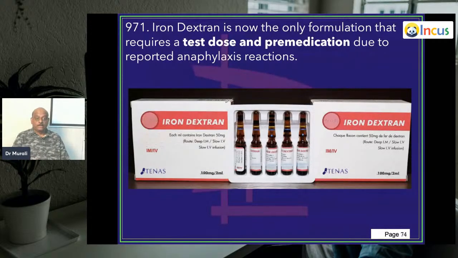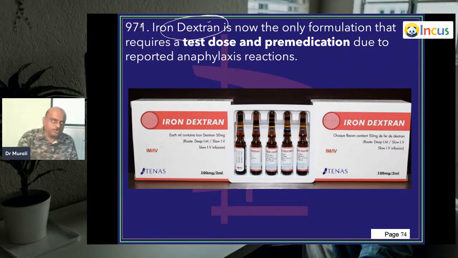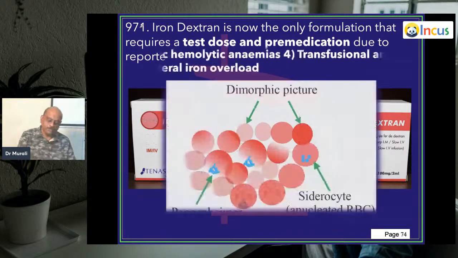And of all these, for which iron preparation do you need to do a test dose to look for anaphylaxis? Very commonly, iron dextran is the only formulation that needs a test dose and premedication before you administer. Non-dextran formulations, no problem.